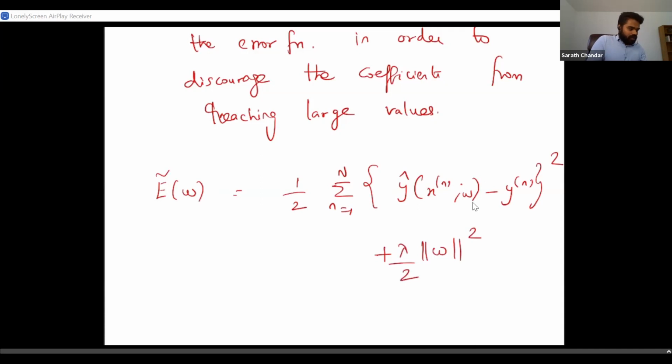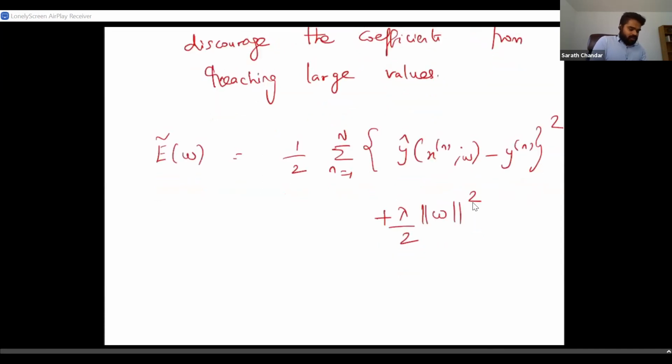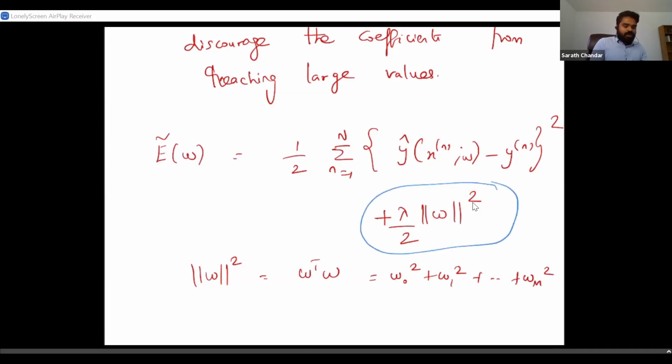Here, ||w||² is essentially w transpose w, which is w0² plus w1² plus up to wM². This specific term that we are adding here is known as a regularization term.